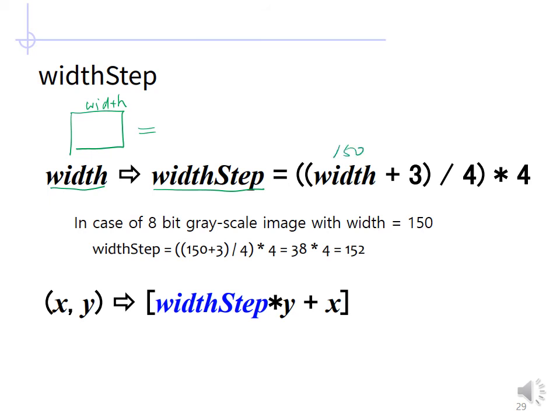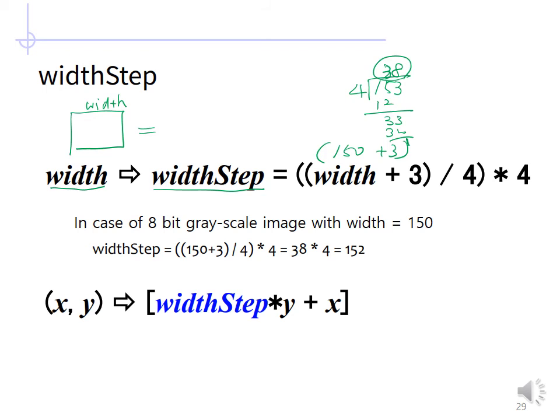So 150 plus 3, that is 153, divided by 4, is 38.